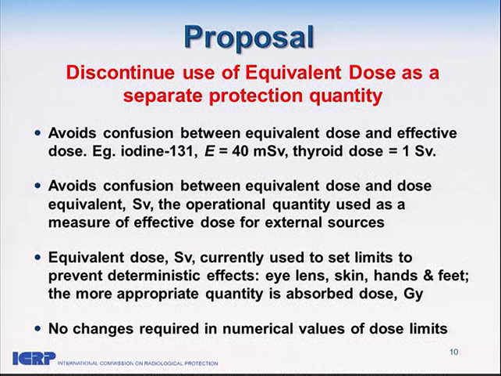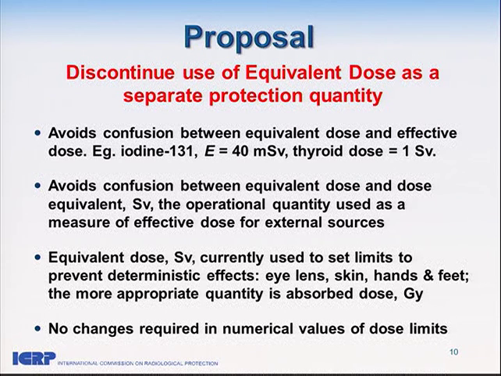So the task group is proposing, and it is very much a task group proposal for discussion by ICRP, the discontinuation of equivalent dose as a separate protection quantity. So this would avoid this confusion between equivalent and effective dose. And there's the example here, again, of iodine.